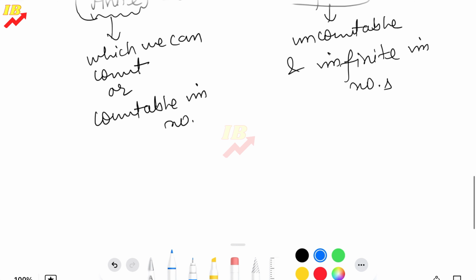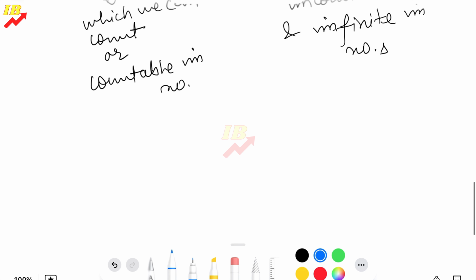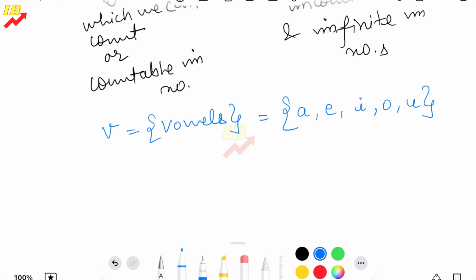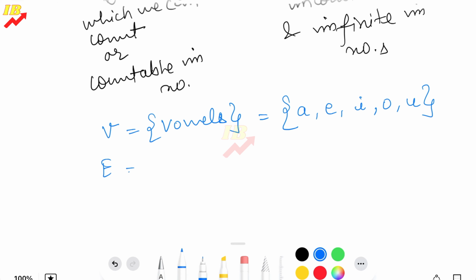Let's take an example for this. Suppose I have already written a set V, where V stands for the vowels, and the vowel examples are A, E, I, O, U. Second, I am taking E. E stands for the even numbers in the set, and here I'm not defining till how many numbers we have to go.